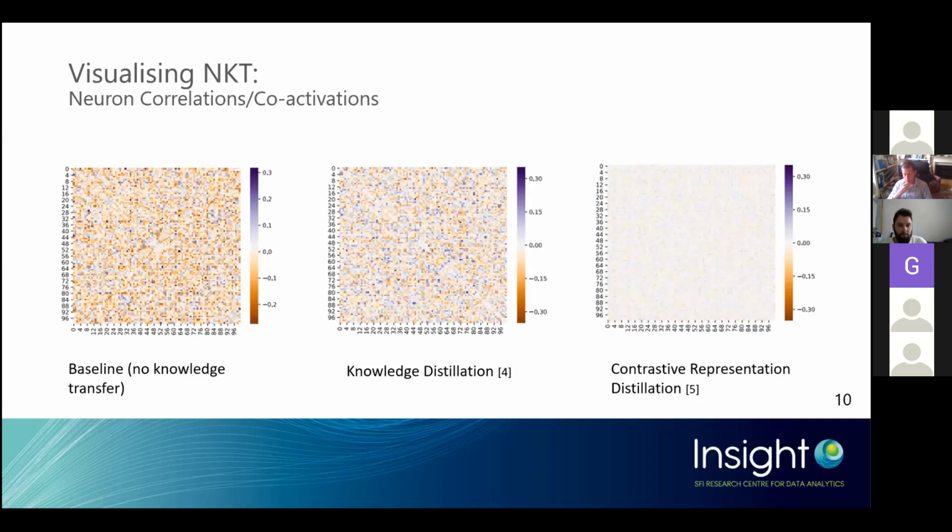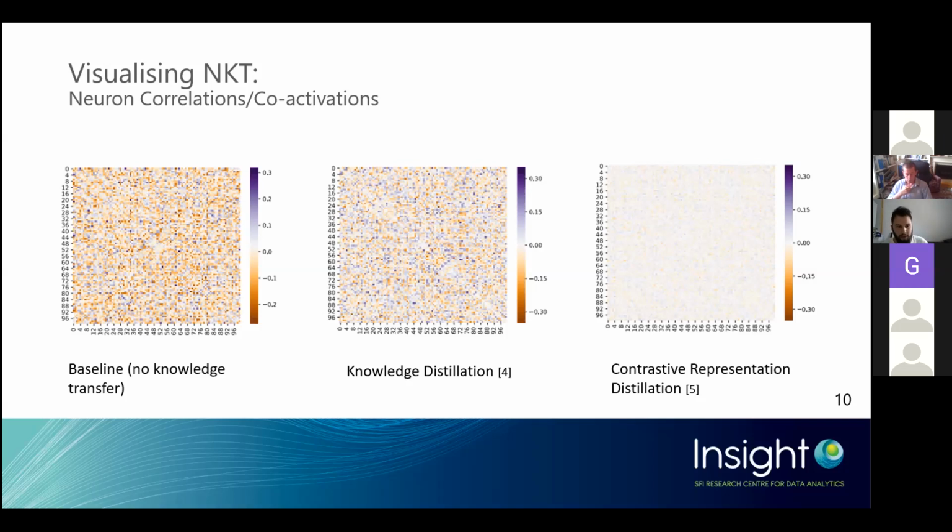That's important, and we want to transfer that. So if we have these patterns emerging in both our student and teacher networks, we can measure our knowledge transfer by seeing whether there is a difference between these co-activation patterns in the teacher network and the student network.